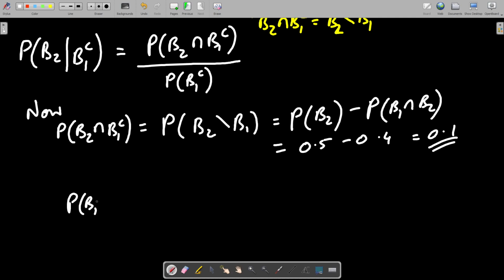The probability of B1 complement is going to be 1 minus the probability of B1. This is 1 minus 0.6, that is 0.4.